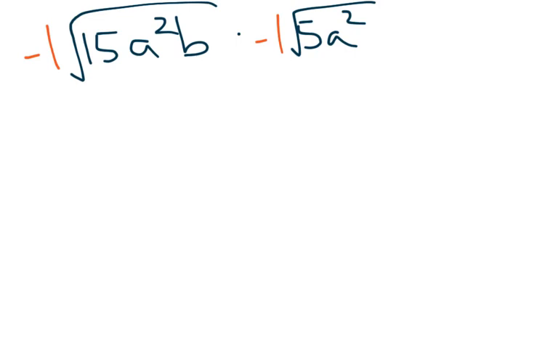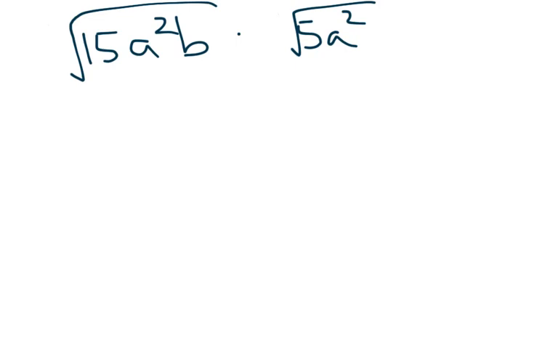If there's no number with it, it's automatically a -1. Well, -1 times -1 is +1, which really doesn't change anything, because if you take +1 times anything, it's exactly the same thing. +1 times 3 is 3.